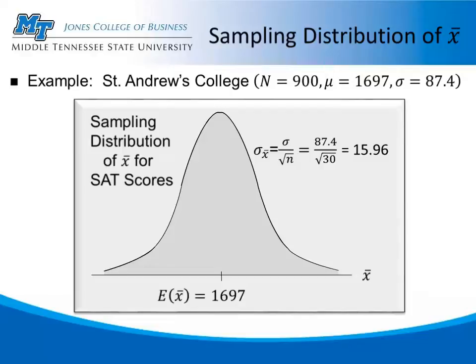The mean of all the sample means, the expected value of x bar, is the population mean, and that was 1697. So when you look at the possible x bar values, the mean of all the x bar values is going to be in the middle. The 1697 is in the middle.